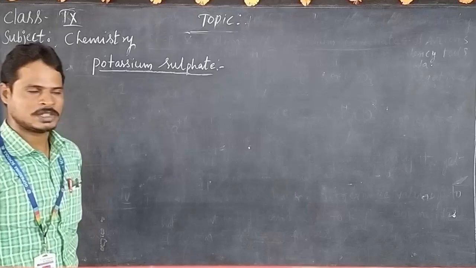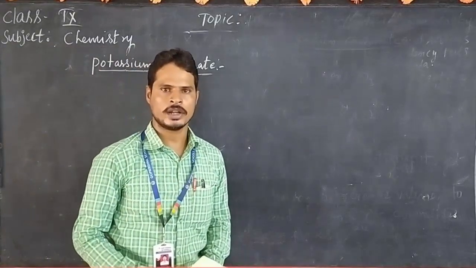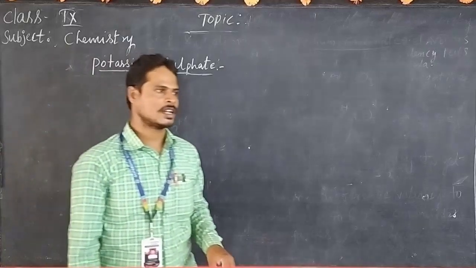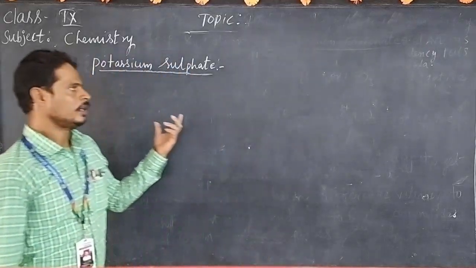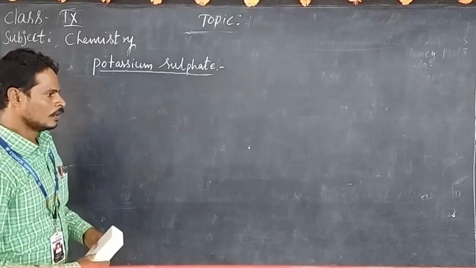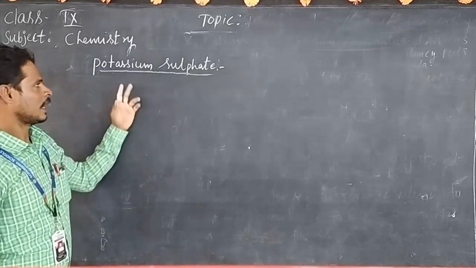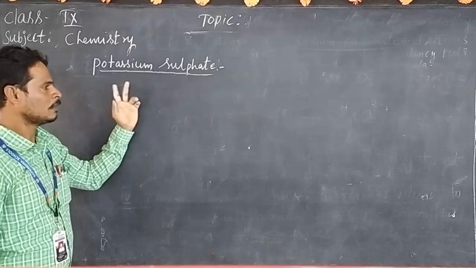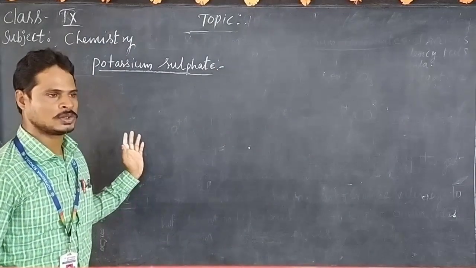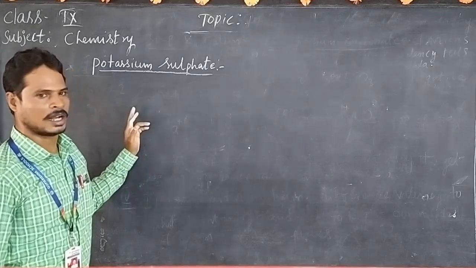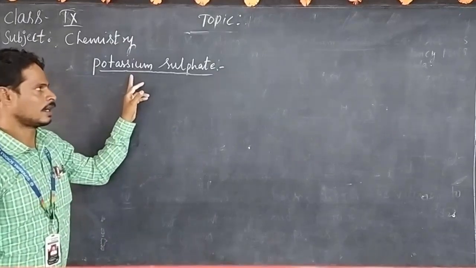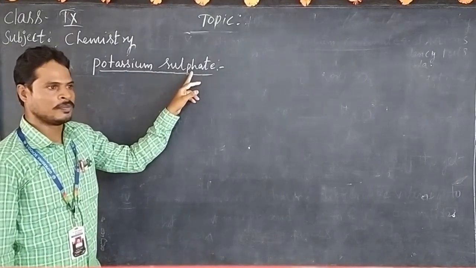Do you know the formula of potassium sulfate? We don't know. How can we write it? By using the criss-cross method. How can you use the criss-cross method? By using cation and anion, we write the formula. So here, what is the cation and what is the anion in potassium sulfate? We know that on the left side we write potassium, that means cation. Right side we write anion. Here potassium is the cation, sulfate is the anion.